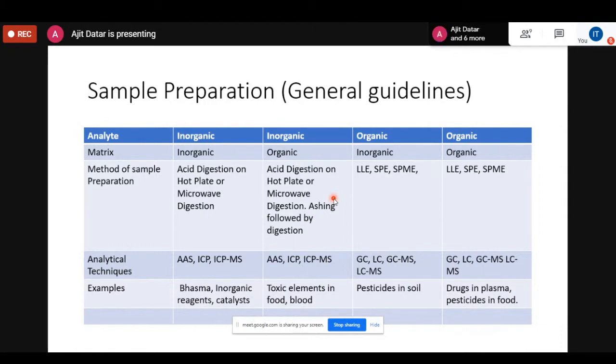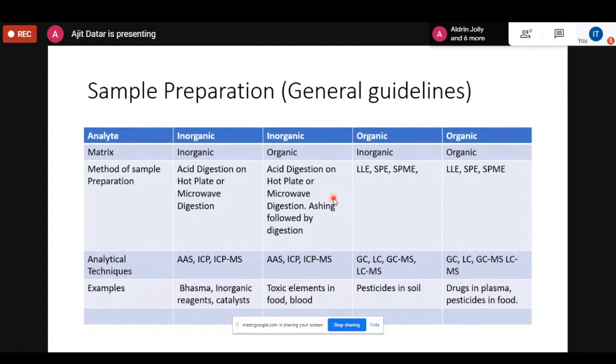So we use liquid extraction or solid phase extraction or solid phase micro extraction, etc. And then after taking this analyte into organic solvent, for trace analysis we can use GC, LC, or if it is really very low level of detection, then we go for GC-MS or LC-MS, depending upon the nature of the analyte which we want to measure, whether it is volatile or non-volatile, etc. And the example could be inorganic matrix, so it could be soil and pesticides in soil. Pesticides are organic, so we can measure them. So this could be one example.